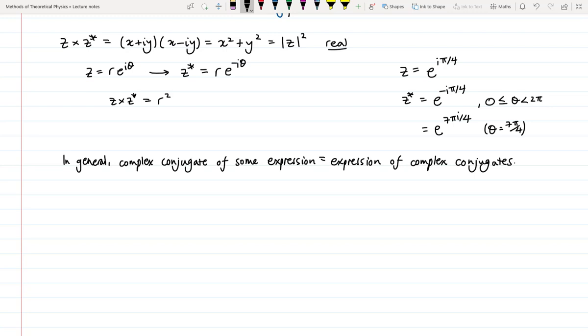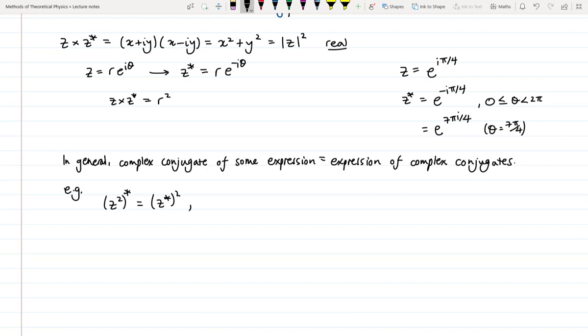This is easiest to show with a couple of examples. So consider taking z squared and then taking the complex conjugate. What this means is that this is equivalent to taking the complex conjugate and then squaring.